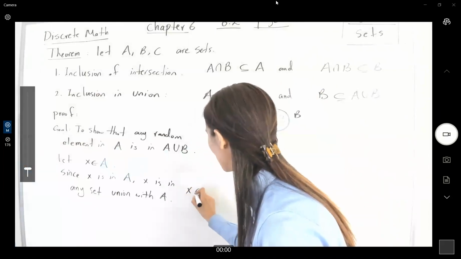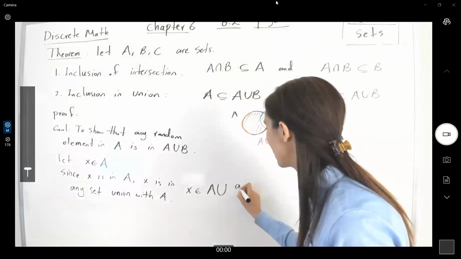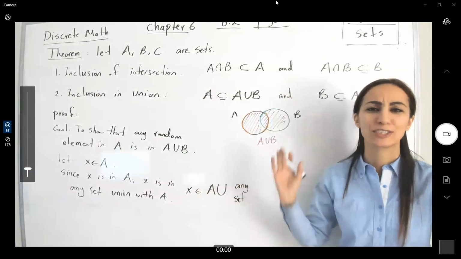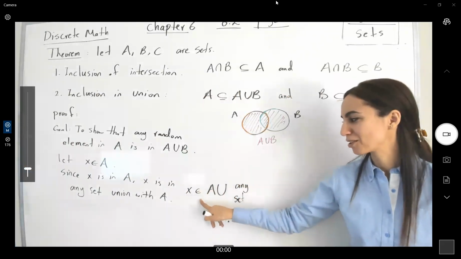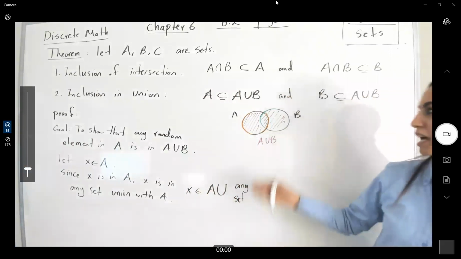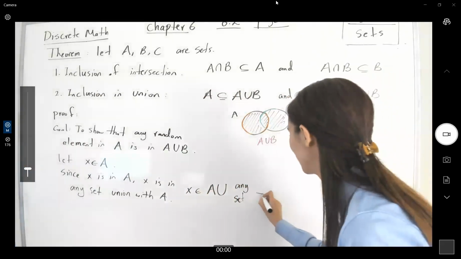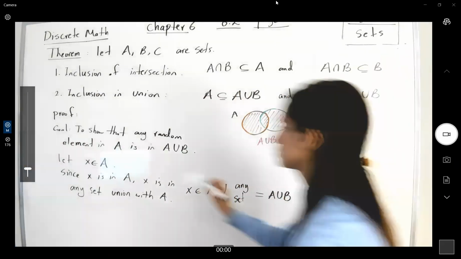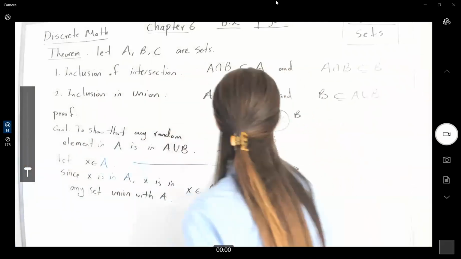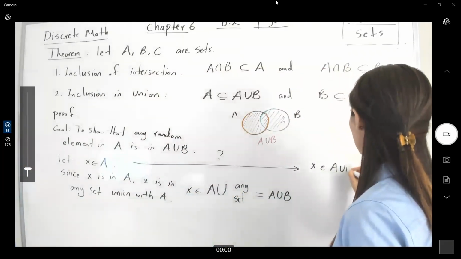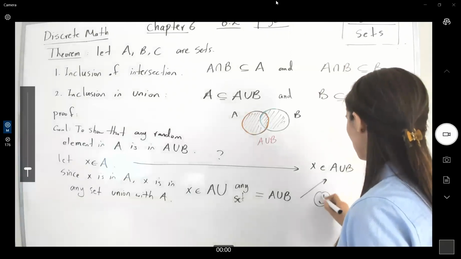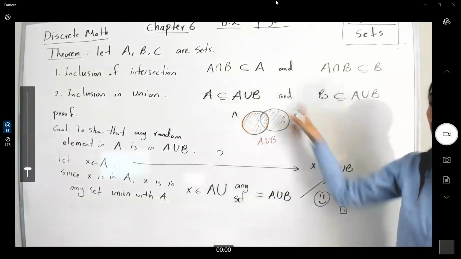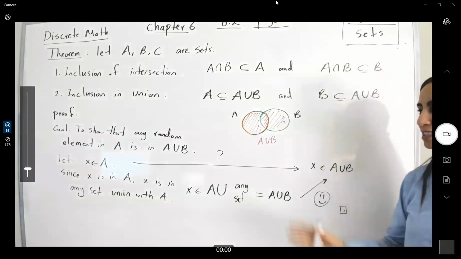So X belongs to A union with any set. Again, I don't care what that set is, any other set. So X belongs to A union with any set, and that set can be B. A union B. So this was our goal, to prove that X belongs to A union B, which we just proved. The proof is very straightforward. X belongs to A, so it belongs to A union with any other set.